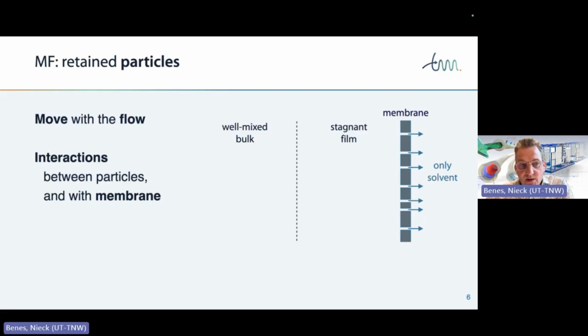Now, if we look at the concentration of particles, the profile will look something like this. In the well-mixed bulk, of course, there are no concentration gradients. But in the stagnant film, the concentration will increase as we move further towards the membrane surface. The reason for this is something called advection.